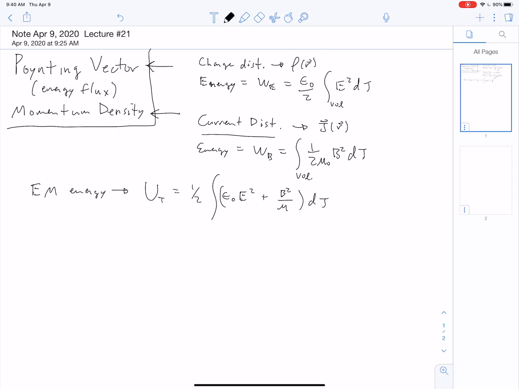That gives me the total electromagnetic energy in some region of space. The thing to understand intuitively is that fields are equivalent to energy. Energy is stored in electromagnetic fields.